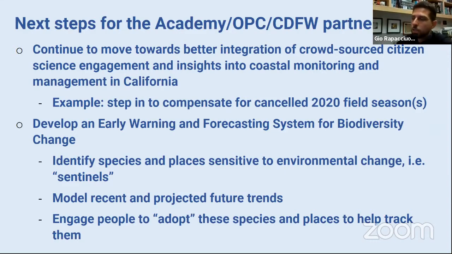So we want to formalize this early warning system and put it in a predictive framework so as to be able to model not just recent, but also projected future trends for species and places, and identify sentinel species and places that are likely to be subject to abrupt changes, and really provide guidance and engage people to sort of adopt these species and places as their own and really help track them more specifically and effectively.